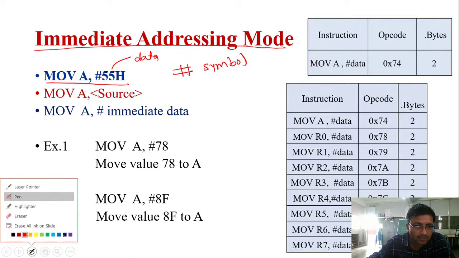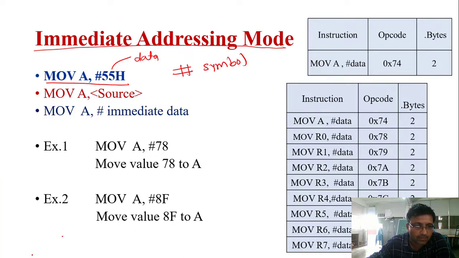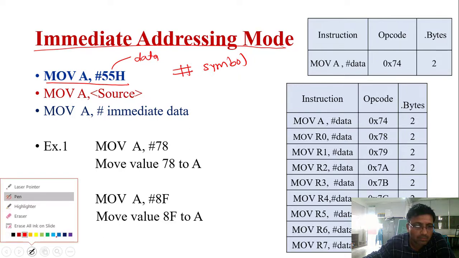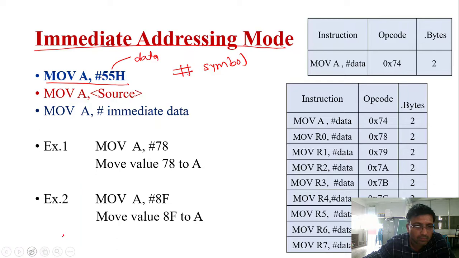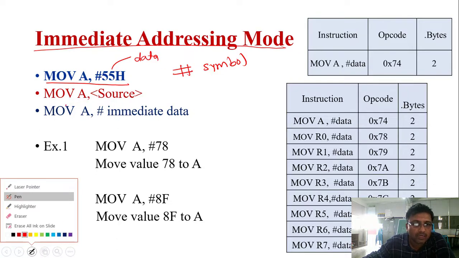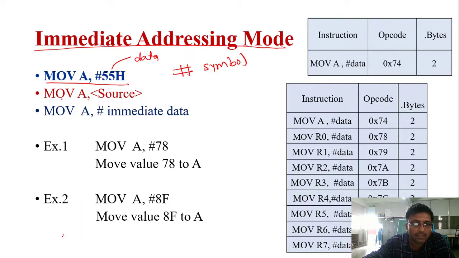Okay, this is the data, and the syntax for this is MOV A, source. For this source we need to provide a hash. Hash is the symbol used for immediate data. The examples here: MOV A, #78.